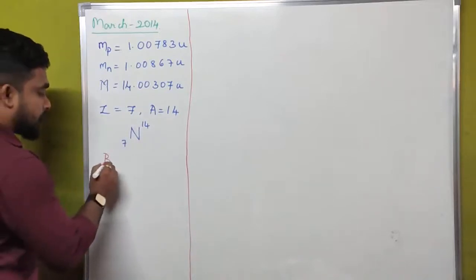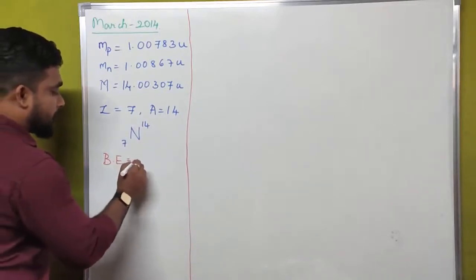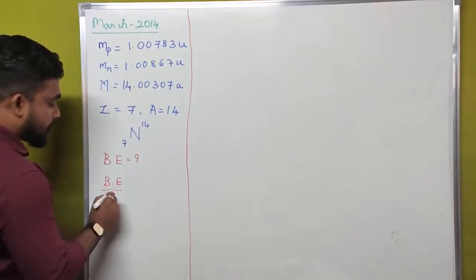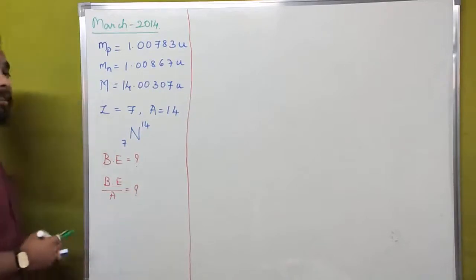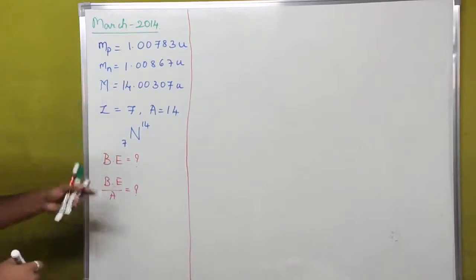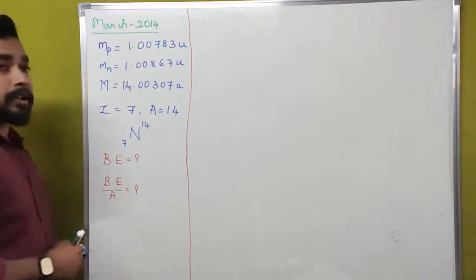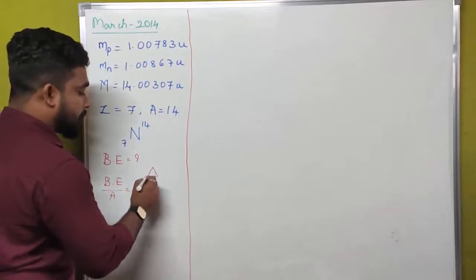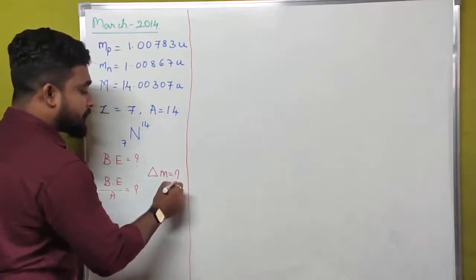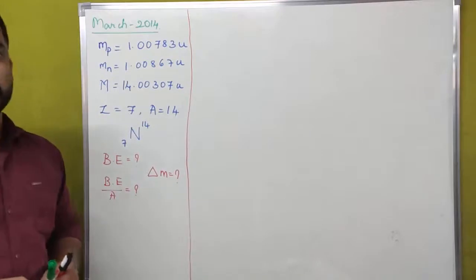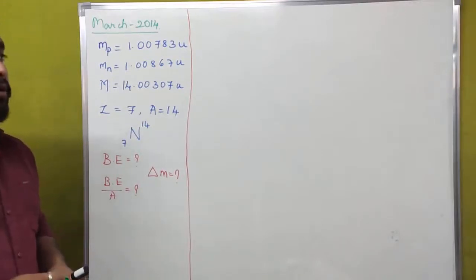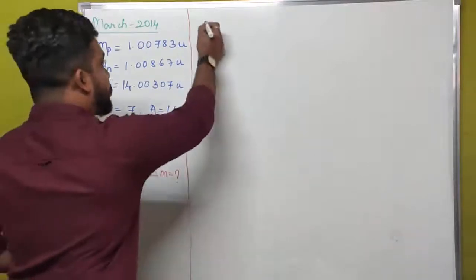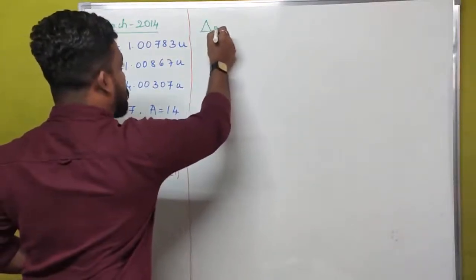Before calculating the binding energy, we have to calculate the mass defect, then only it is easy to calculate the binding energy of the nucleus.